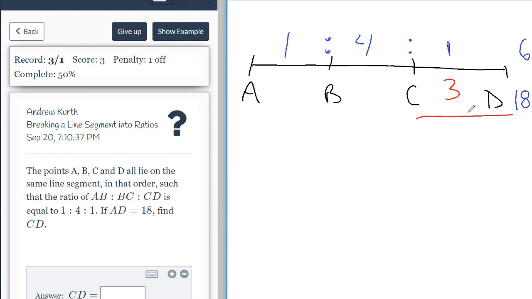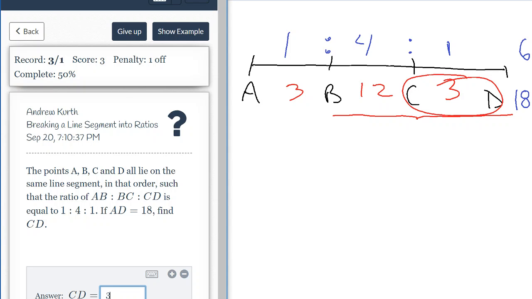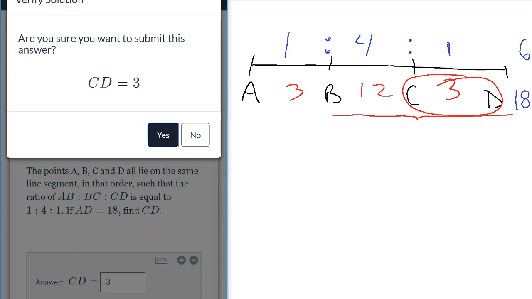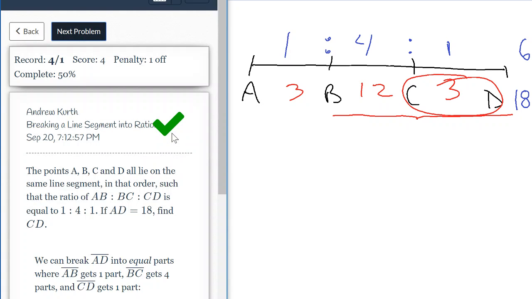If you wanted to know the other ones, then here you would have 12, because 4/12 is equivalent to 1/3 is equivalent to 6/18. And then this would also be 3 like the other one is. But my answer here is CD is 3 units. And those are the two new kinds of problems in this assignment.